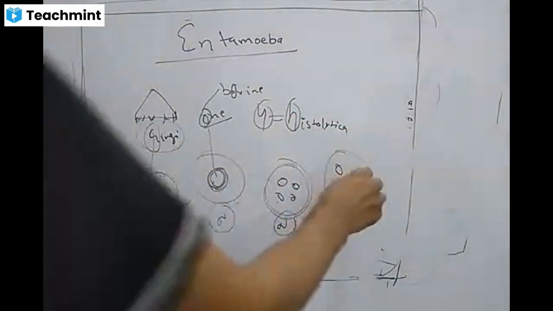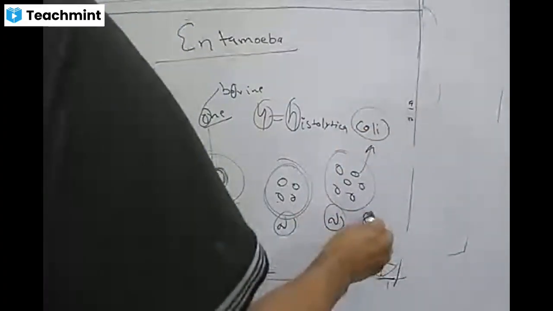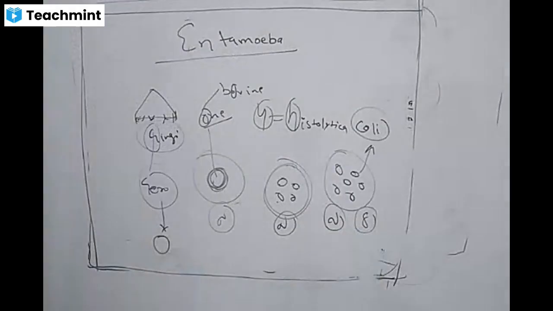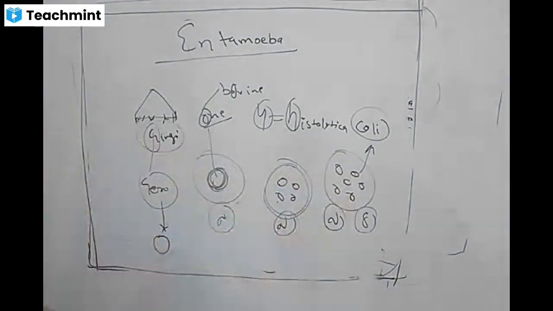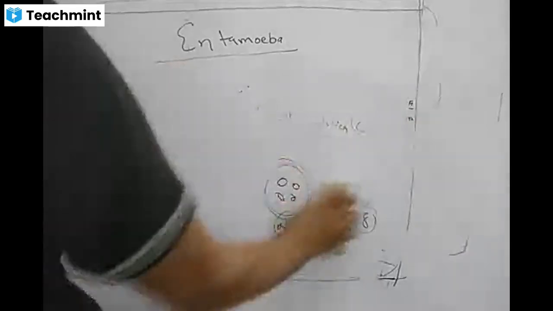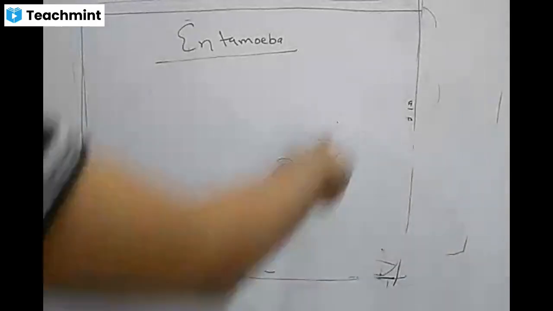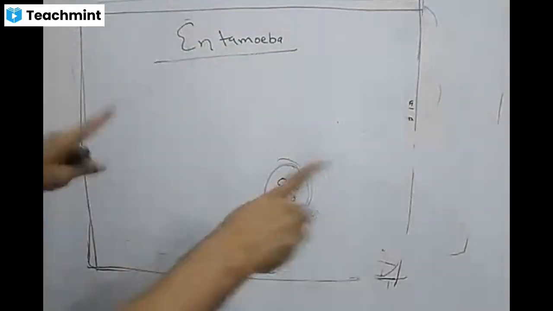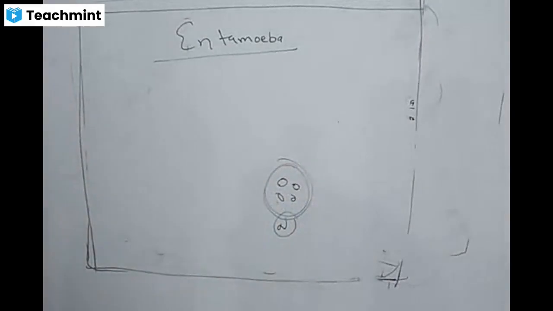And the remaining group is your coli group, having 8. So out of these 4 groups, 0, 1, 4, 8, only 4 nucleated cyst containing amoebae, they are the pathogenic one. Other 3, they are normal commensals, they are non-pathogenic.